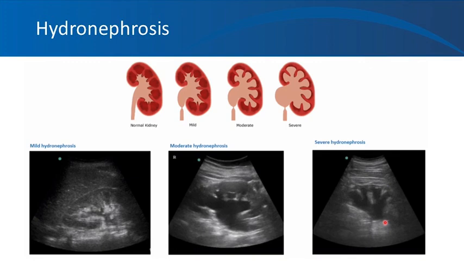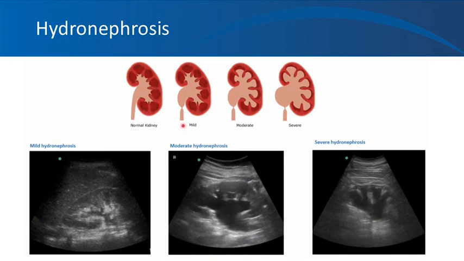So the first pathology, the commonest one, is hydronephrosis. This is why we are doing point of care ultrasound most of the time. So in this illustration, normal kidney looks like this with ureter, pelvis, and calyces that are concave here at the place where medullary pyramids terminate.